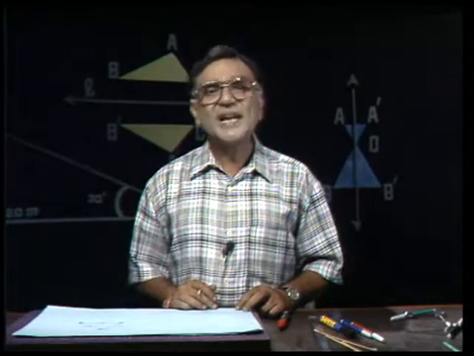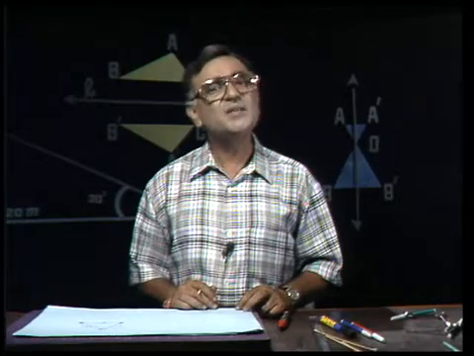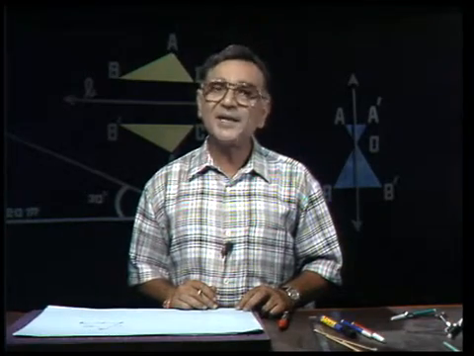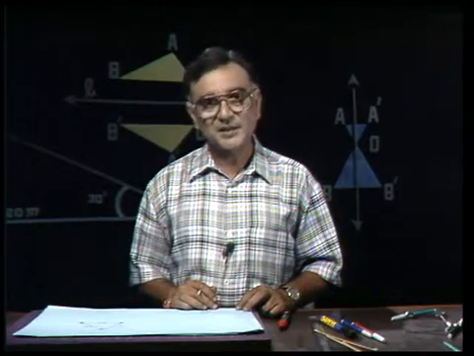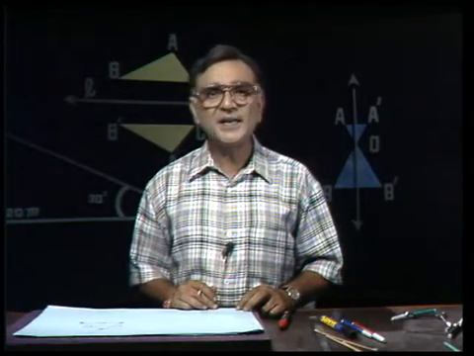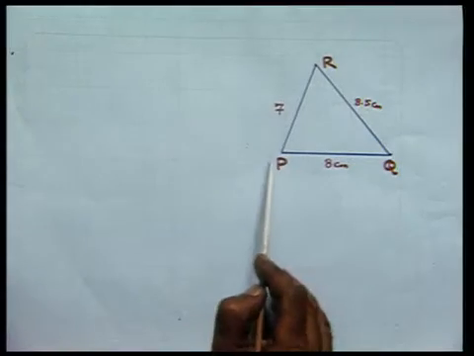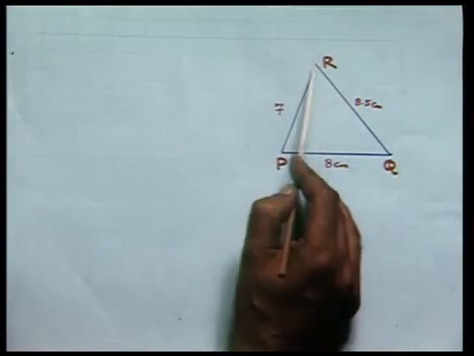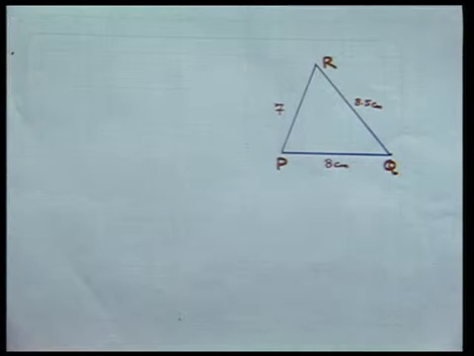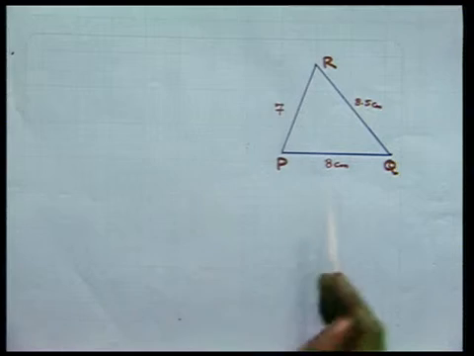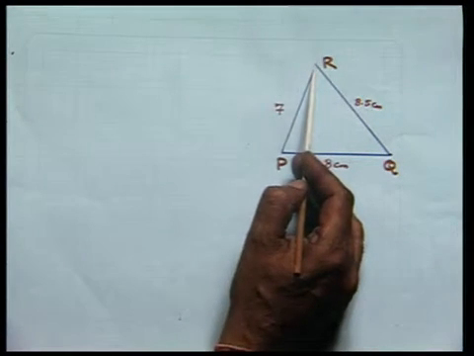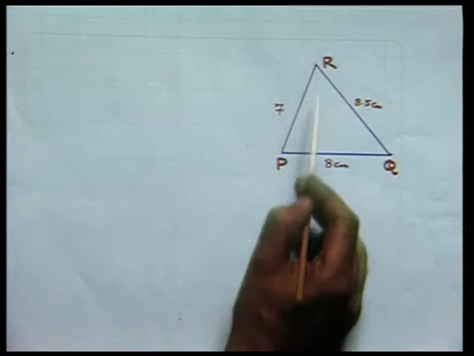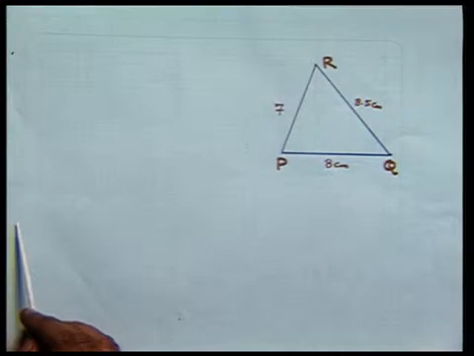That speciality of triangles, that if one condition of similarity is satisfied the other is automatically satisfied, let's verify by taking a triangle PQR. Now here the sides of triangle PQR are PQ is 8 centimeters, QR is 8.5 and PR is 7 centimeters.